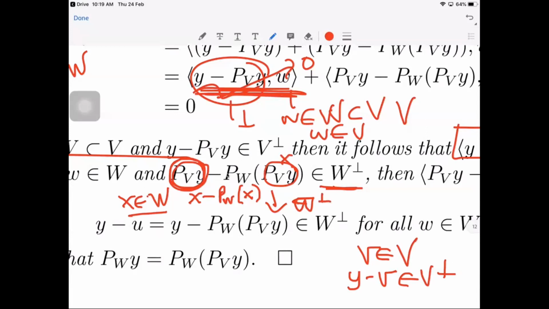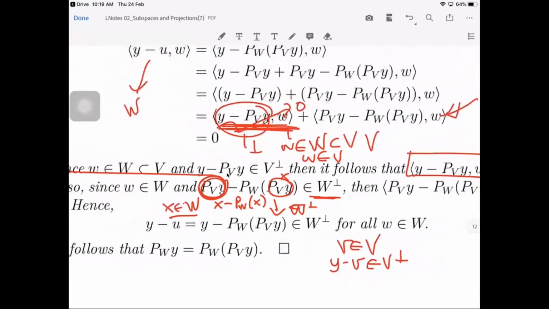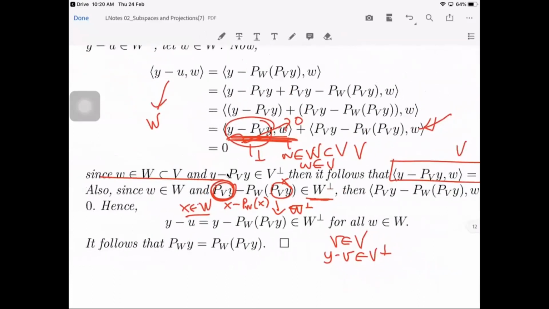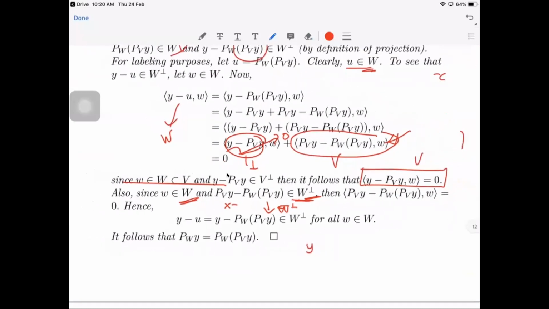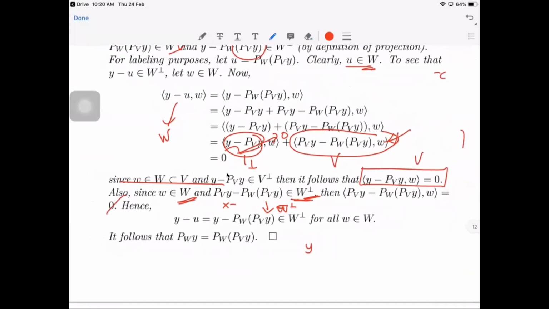Okay? So, ang primero na inner product is with respect to a V and in V perp. Ang second na inner product is in relation to W and in W perp. Still, it is equal to 0. Hence, napakita na si U minus V nasa W perp.